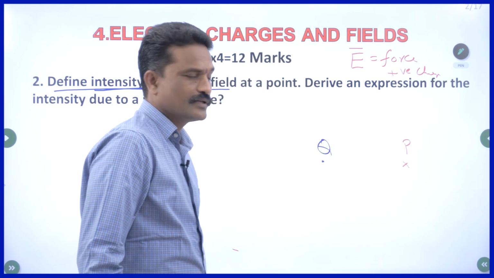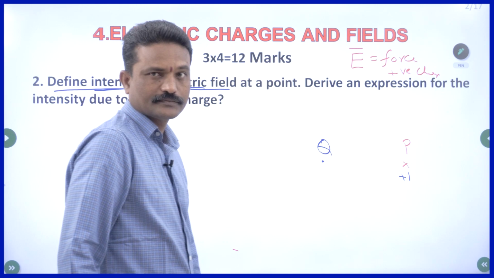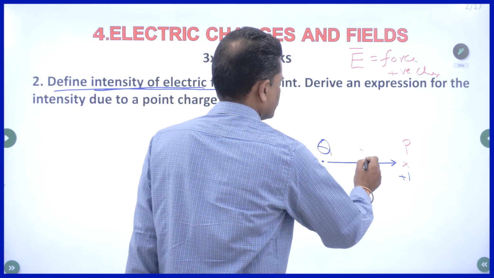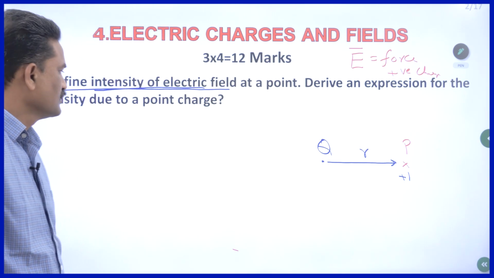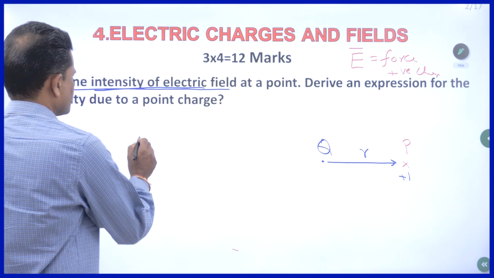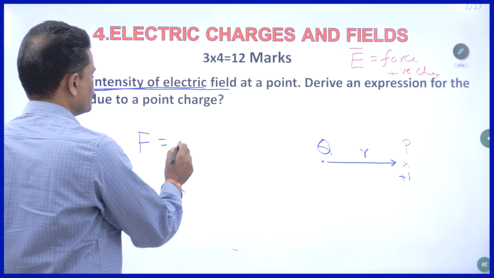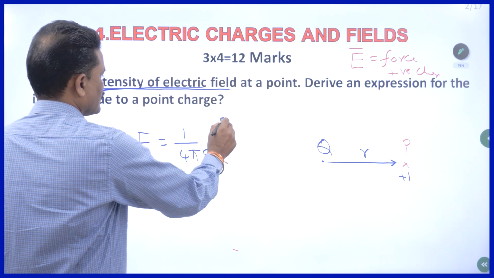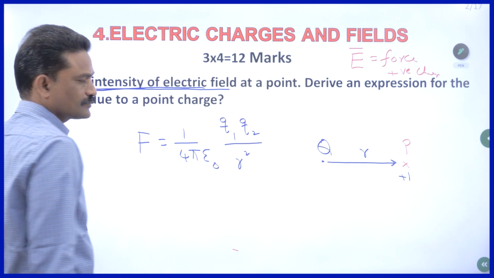Intensity of electric field is nothing but the force acting on the unit positive charge. So, what does it mean? I am placing a unit positive charge at point P. Let us say the distance between Q and P is R. According to Coulomb's inverse square law, the formula for the force acting between two charges is 1 by 4 pi epsilon naught Q1 Q2 by R square.